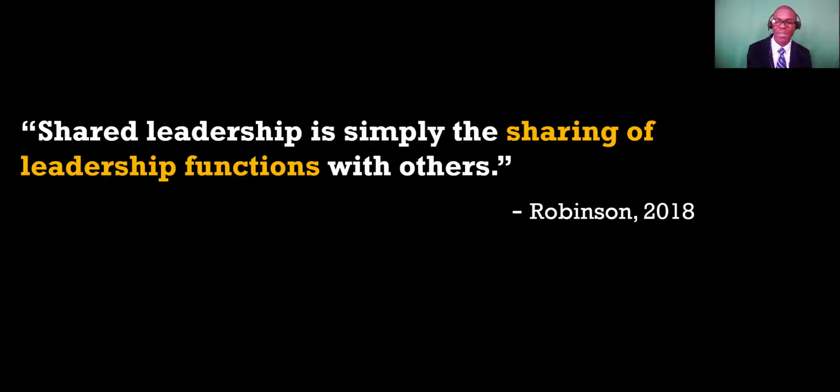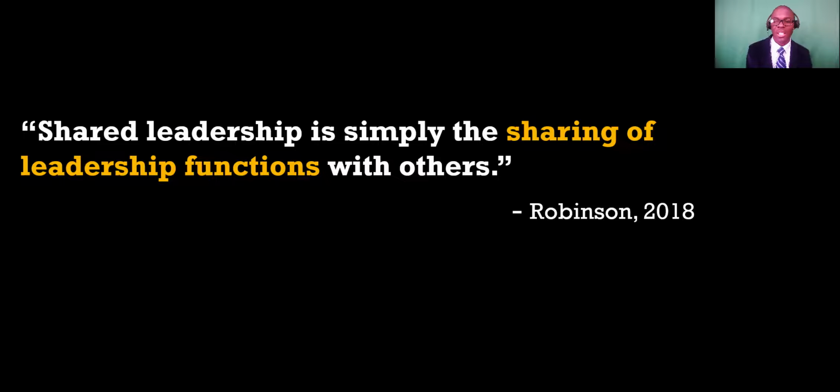The idea of distributing leadership functions among team members is different from the traditional approaches to leadership. The traditional leadership approaches, like trait theory, behavioral theory, the Great Man theory, are focused on the ability of leaders to influence the group to accomplish goals.